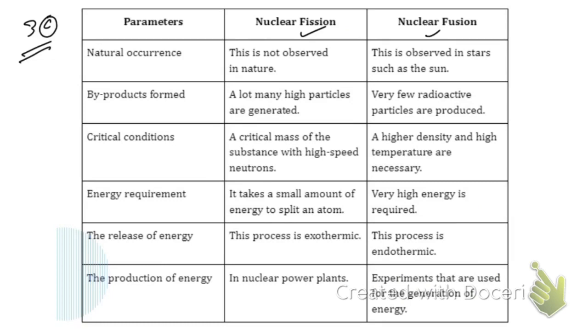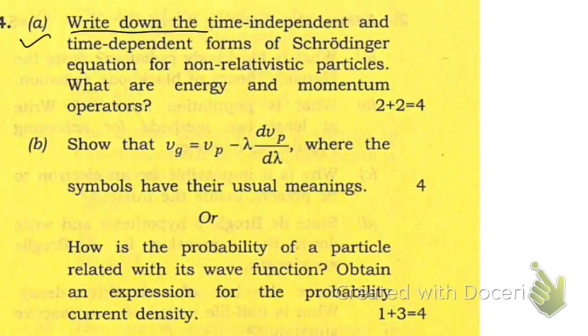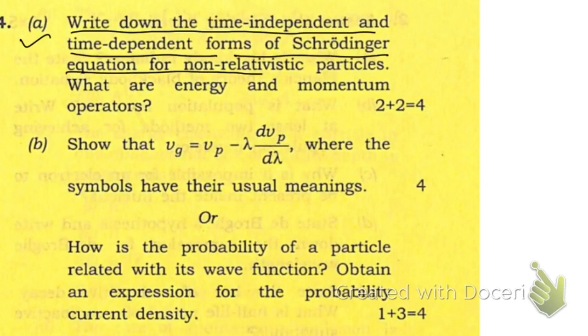So let me clean this first. So question number 4. Now question number 4, write down the time independent and time dependent form of Schrodinger equation for non-relativistic particle. So I have already made a video with proper explanation on time independent Schrodinger equation. So the link is in the description box.